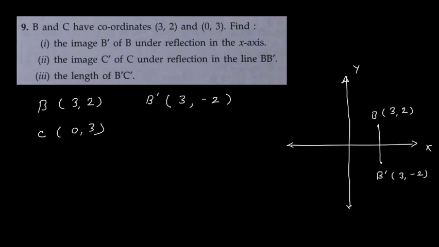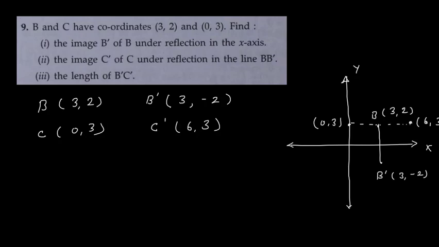Now there is a point C which is 0, 3, so the point is here. Now we have to find its reflection in BB dash. So its mirror image will be here at the same distance. It is at a horizontal distance of 3, so here also it will be at a horizontal distance of 3. C is 0 comma 3, so it will become 6 comma 3. So here C dash will become 6 comma 3.